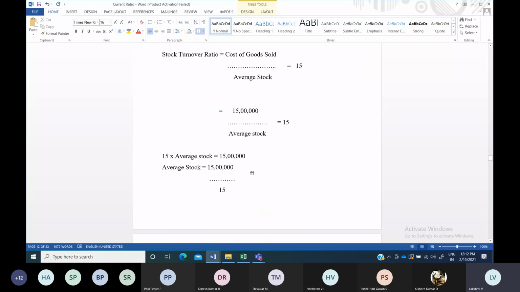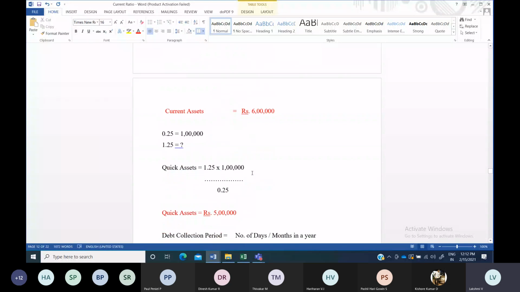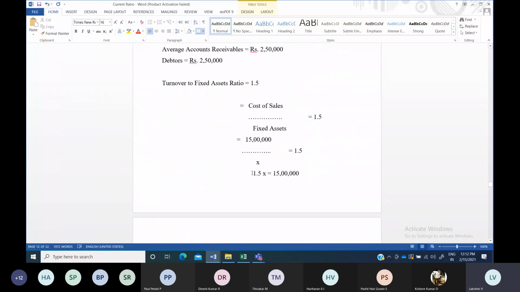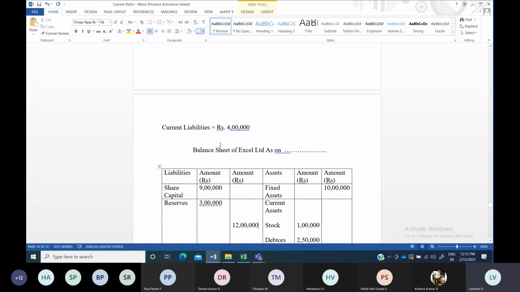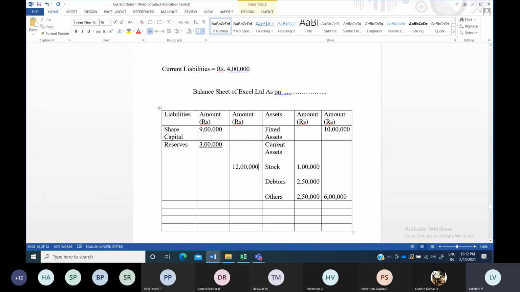Other than that, what will come under the liability side, you should think. Under the liability side, you will get current liabilities, that we just now calculated as 4 lakhs. Okay, so let me mention here itself.